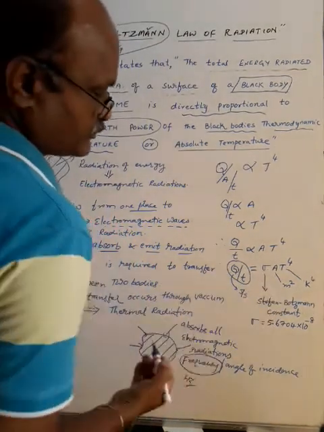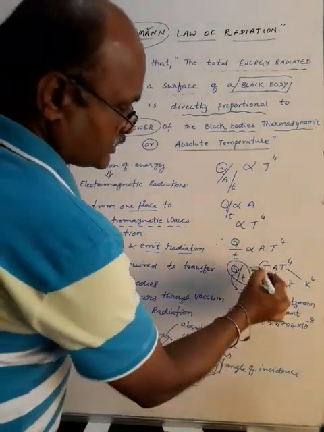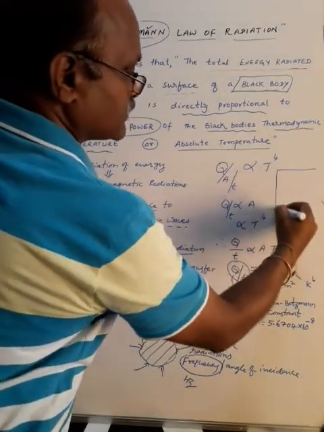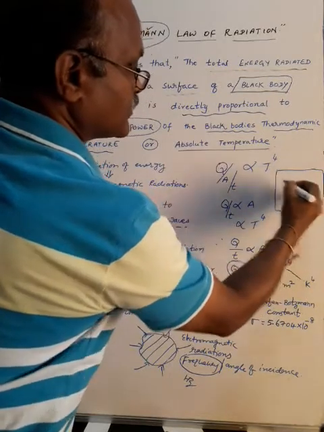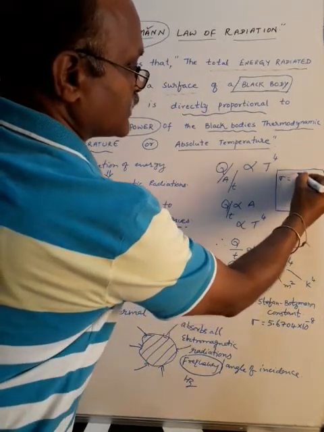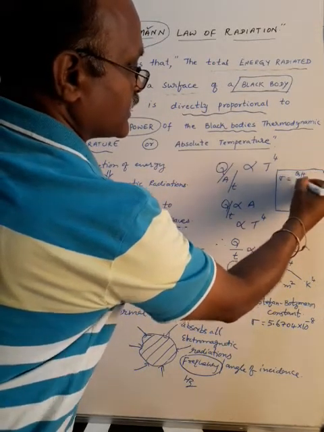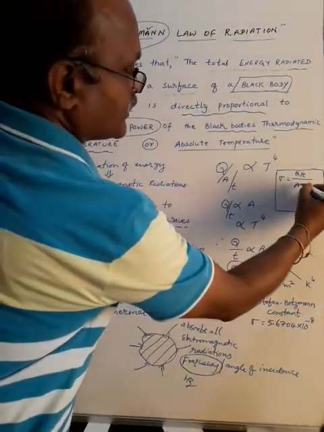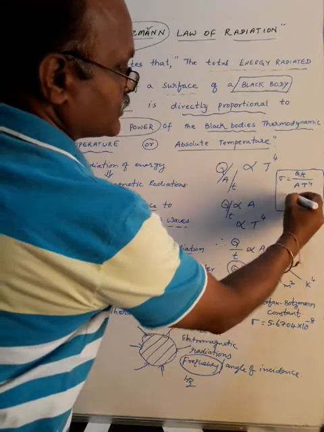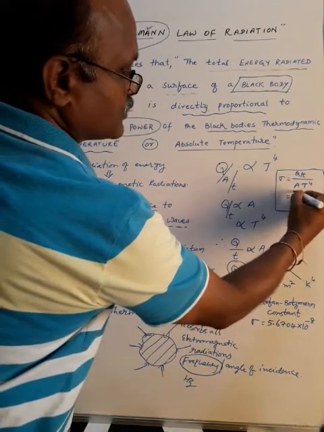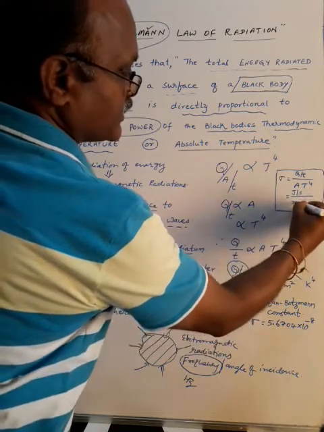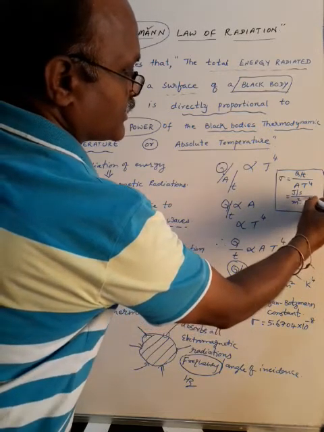If you take the unit of this sigma, that is, if you write the equation, sigma is nothing but Q by A T power 4, rate of heat transfer divided by area into temperature power 4. So it is joule per second divided by meter square K power 4.